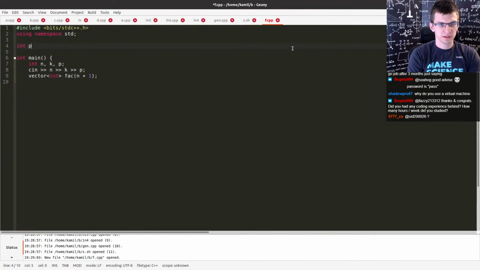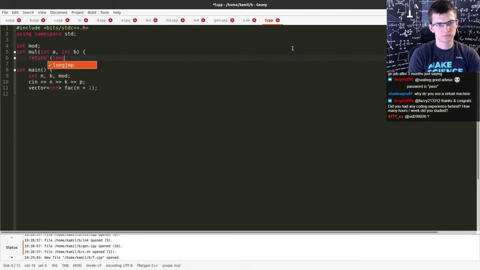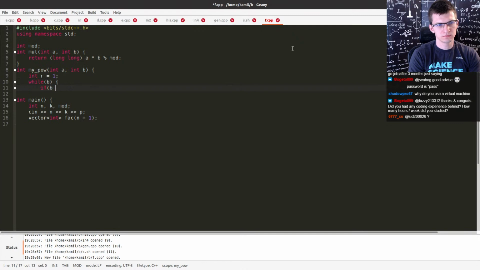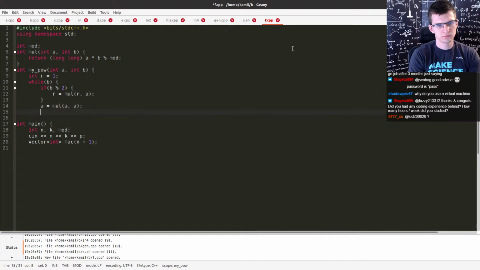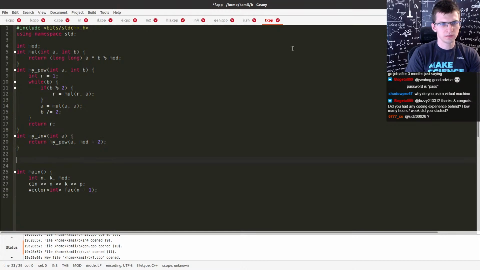Let's implement some basic functions. We have modular inverse.